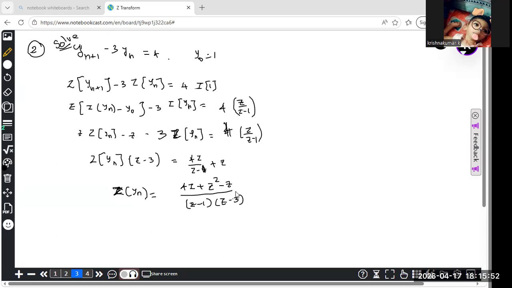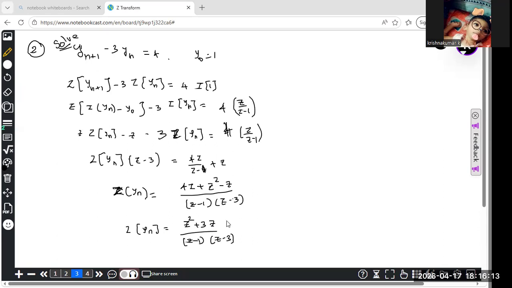Okay, so now this Z transform of y(n) becomes z square plus 3z, whole divided by z minus 1 into z minus 3.